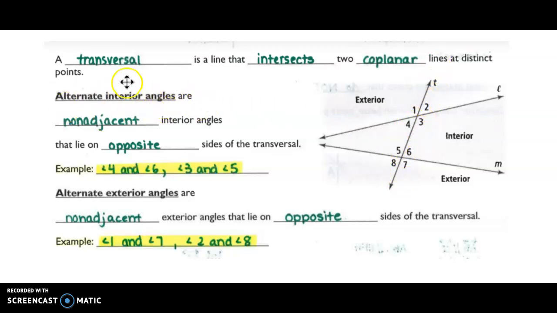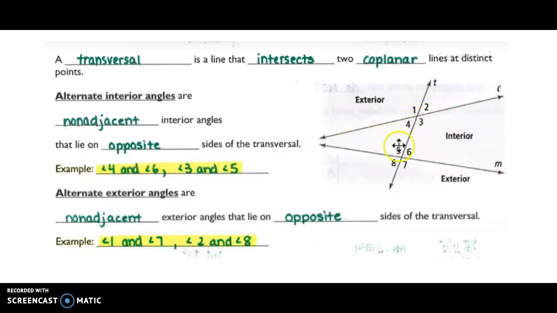You have what's called alternate interior angles. Take a look at the pairing. Angle 4 and 6 are alternate interior angles. They're on opposite sides of the transversal, and it's interior because it's in between these two lines, L and M. You see the word here, interior.